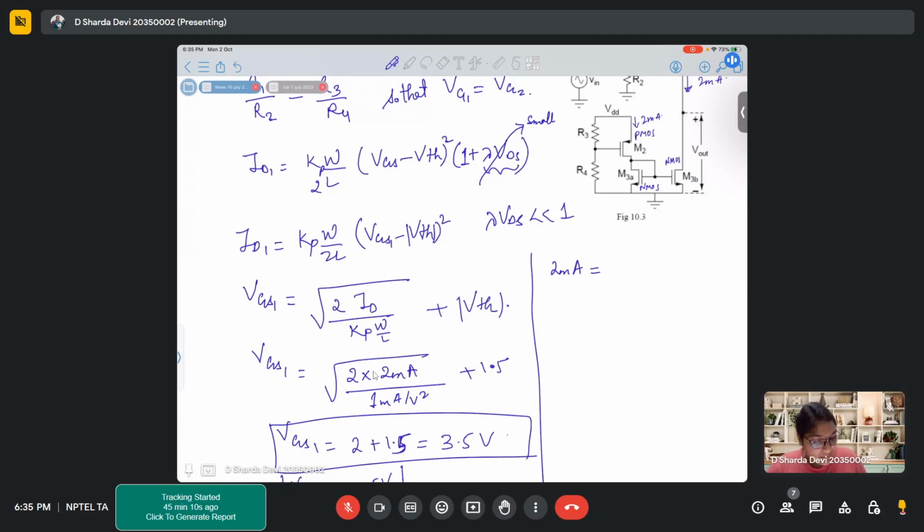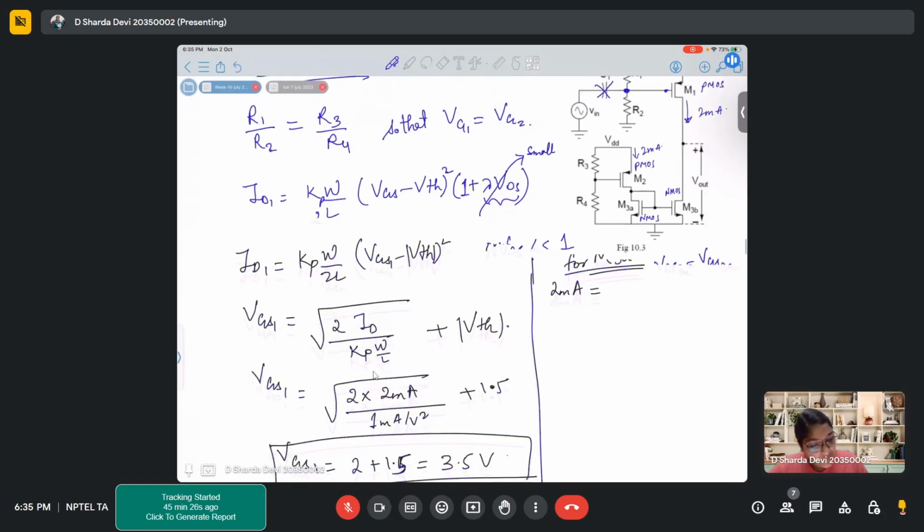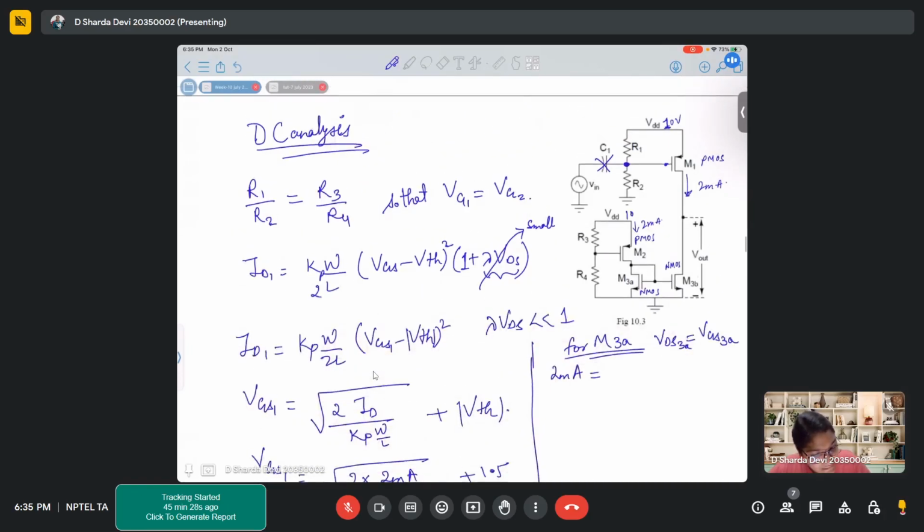So for transistor M3A, VDS3A is equal to VGS of 3A. This is something that we already know. Now here your VDD is already given as 10 volts.